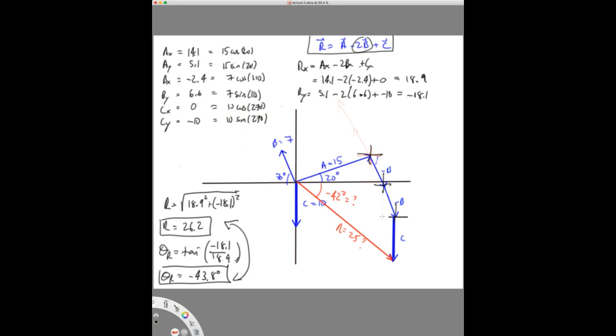Then we make a new origin at that location, and we take vector c and move it down and place it at that new origin. It's like we were following a pirate map. You walk 15 miles in this direction, and then you turn and walk 7 miles twice in this direction, and then you go 10 miles south, and then you're like, where am I? Where are you relative to your starting point? That's what the red vector is indicating.